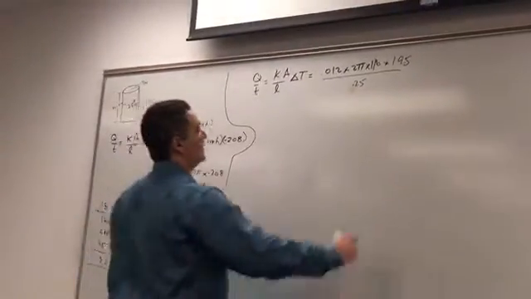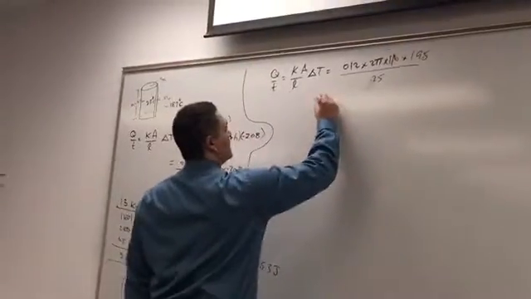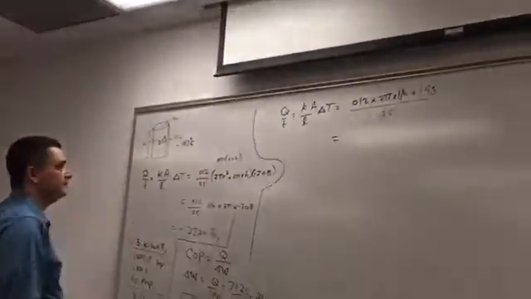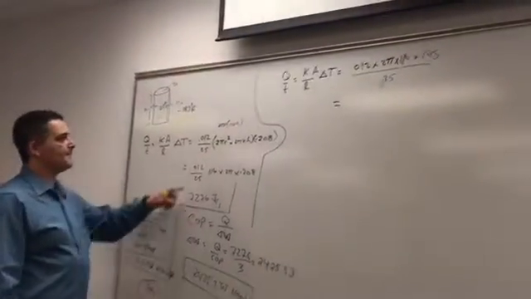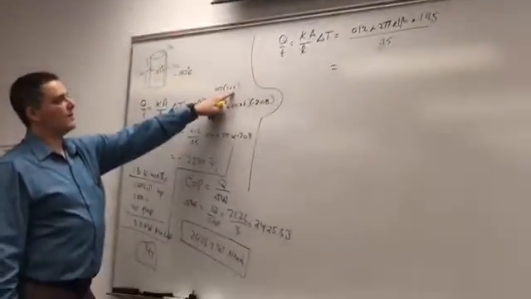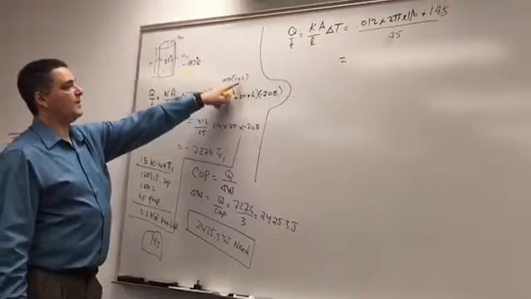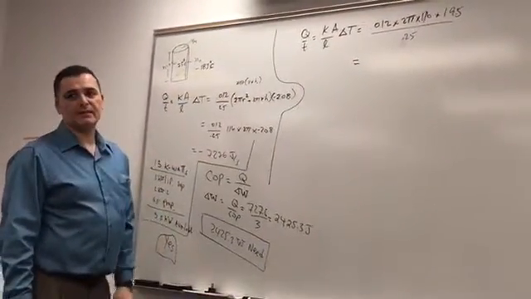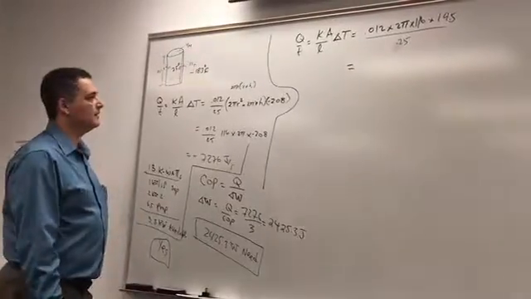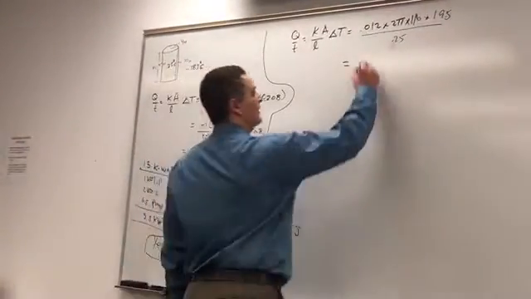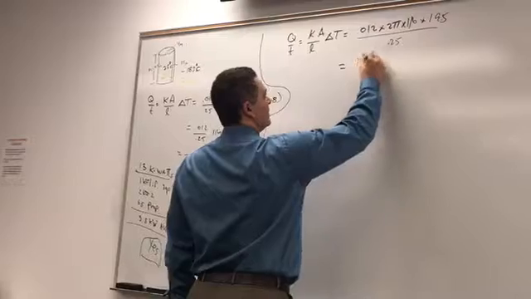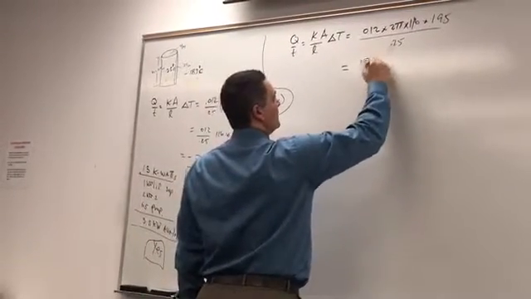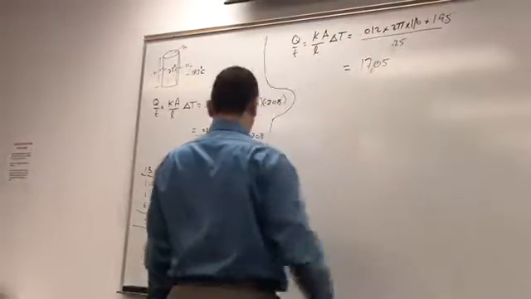Okay, so this is going to be equal to something. Where did you get 160? 4 plus 25 is 29, 29 times 4 is 116. I got 1,705.5.